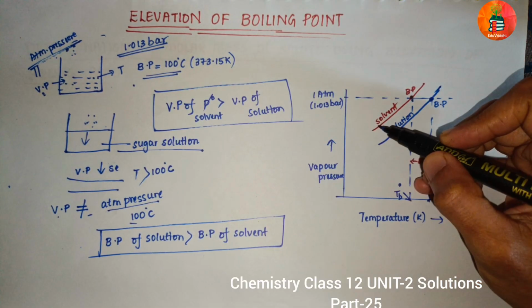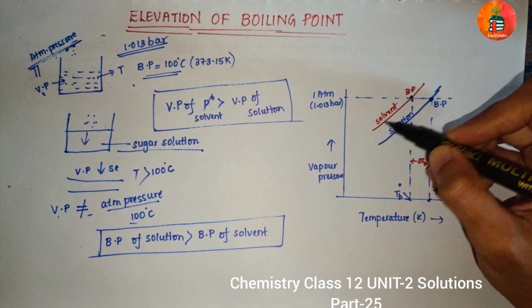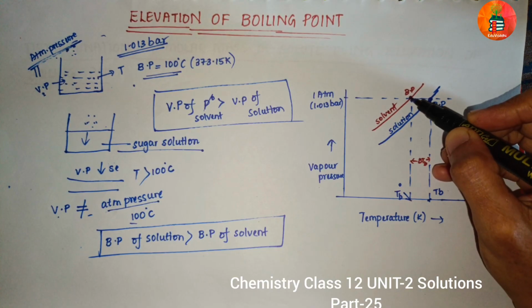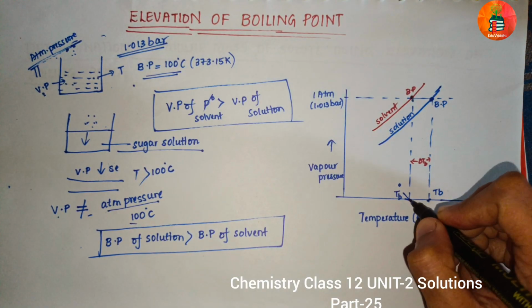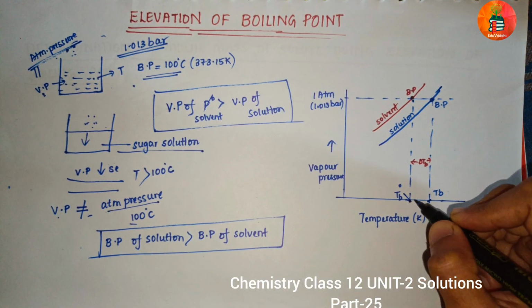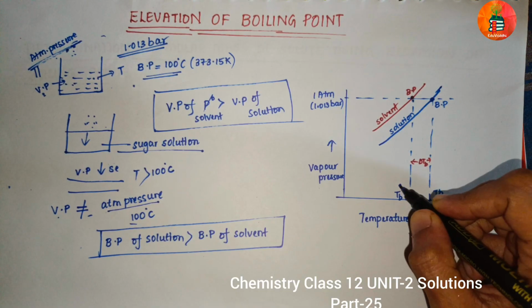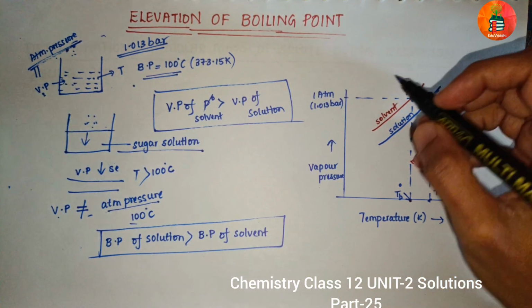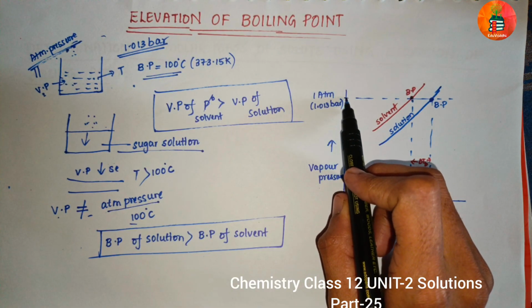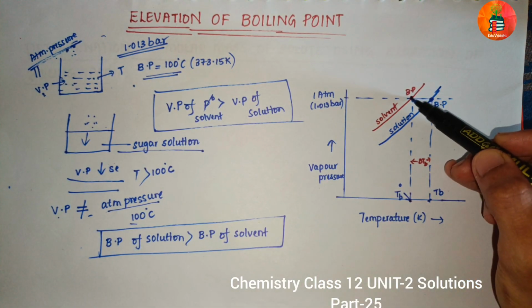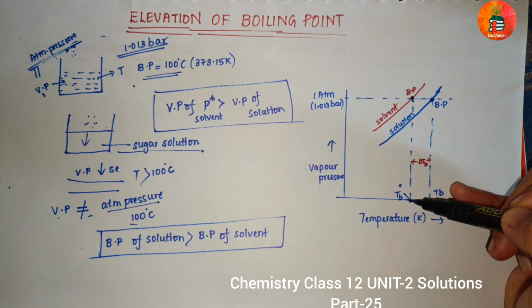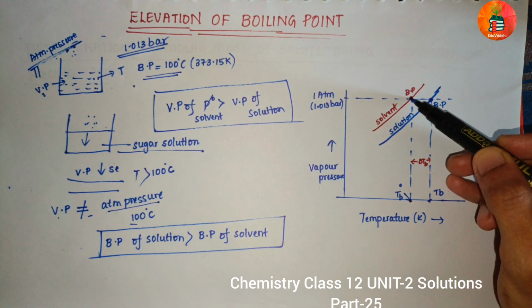As temperature is increased, the vapor pressure of the solvent goes on increasing, and at a particular temperature, at this point, let me represent that temperature as TB0, the vapor pressure of the solvent will be equal to atmospheric pressure. The temperature corresponding to this point is called the boiling point of this solvent.